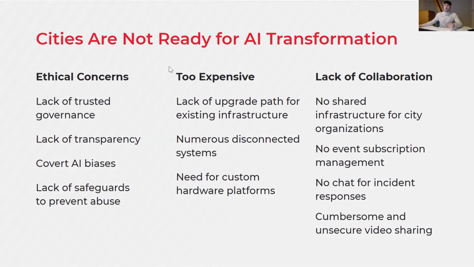The other things which are holding cities back as well is that there is a lack of collaboration. They may think that artificial intelligence is too expensive. There are a lot of disjointed departments in cities from the public and private sector. So right now, I think the biggest drawback with artificial intelligence, especially in Western countries such as the United States, is this lack of ethical standards.